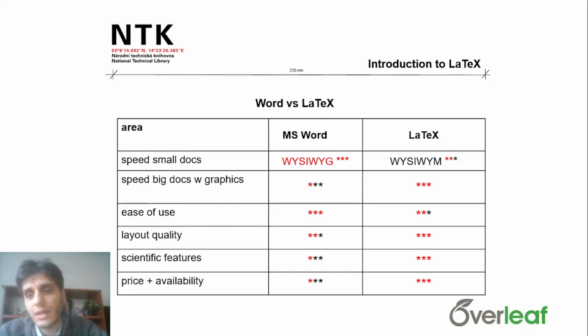You have to learn some commands or tags to generate your tables, generate your figures, and make citations. So actually you need to spend some time to learn those commands and to be familiar with the environment. That's why regarding ease of use, Word will be better.